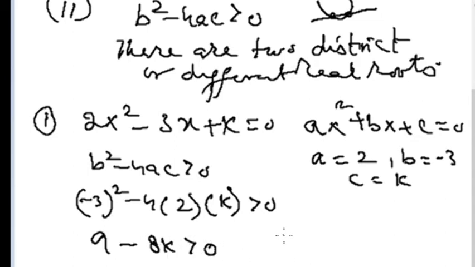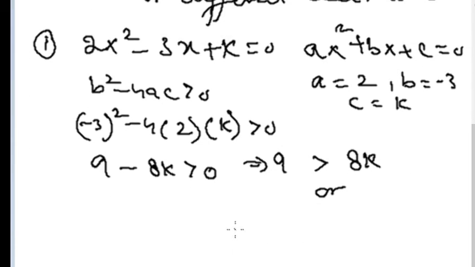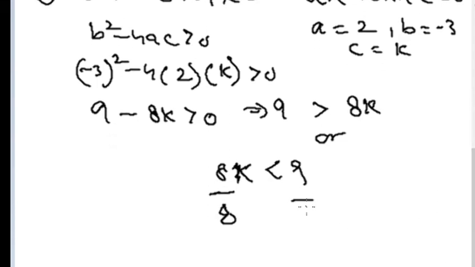I can also write 9 is greater than 8k, so 8k is less than 9. Dividing both sides by 8, k is less than 9 over 8.